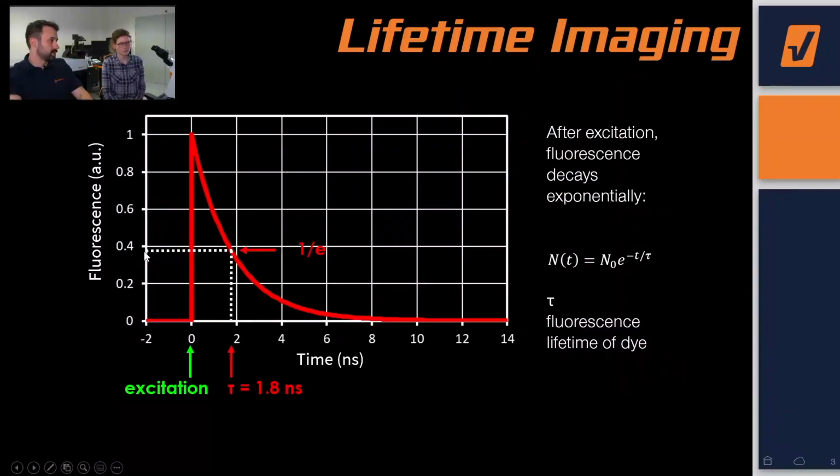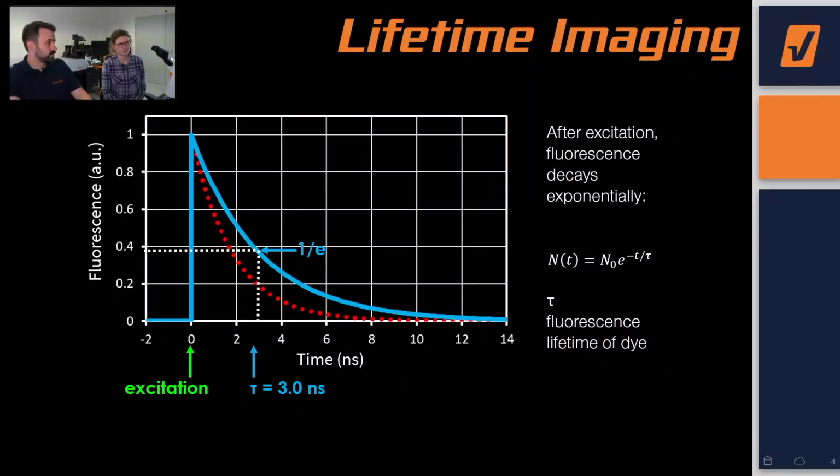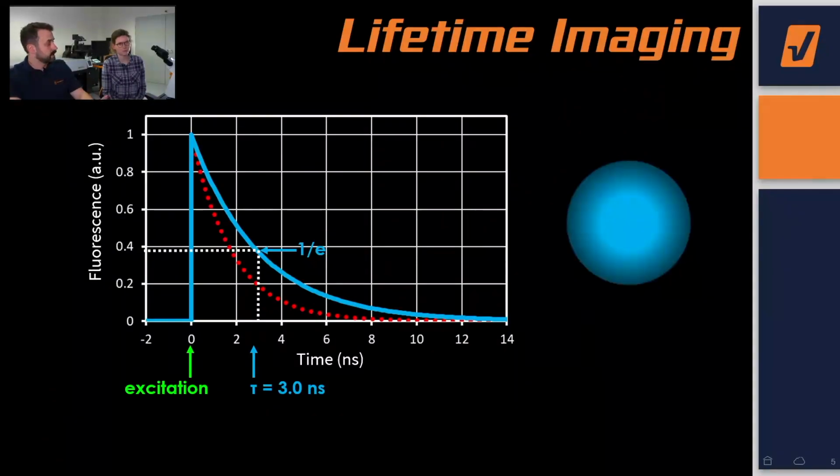When we reach about 1/e of the original fluorescence level, we have reached what we define as tau, or the lifetime of the fluorophore. And this can be shorter or longer for different fluorophores, or one fluorophore can have different lifetimes depending on the environment, for example. For us, this lifetime is also important in STED imaging, because when we look at our normal scanning spot in a confocal microscope, it's rather large.